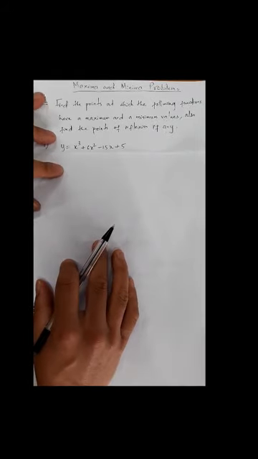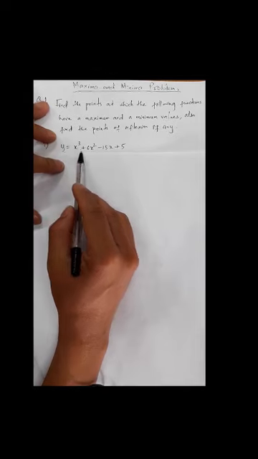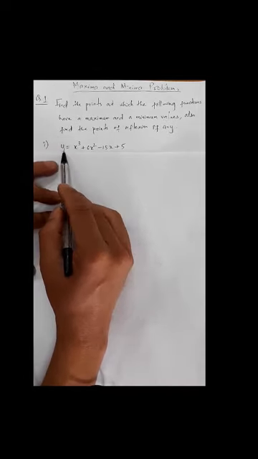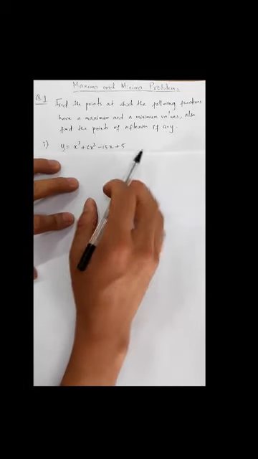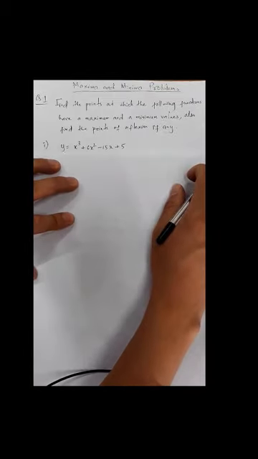Now how do we solve this kind of problem? Here you are given a function, and the function is expressed in terms of variable x. So the first thing that you need to do is check which condition of the three turning points the given function is satisfying.